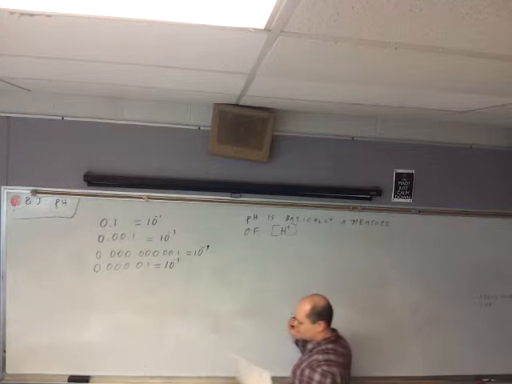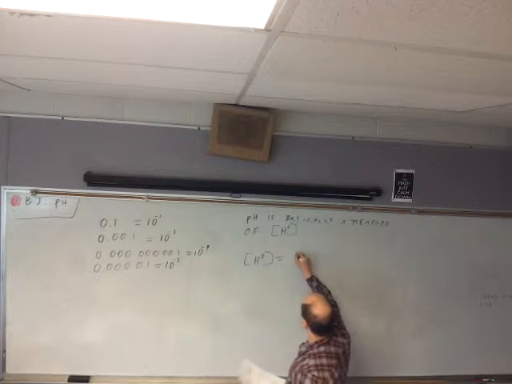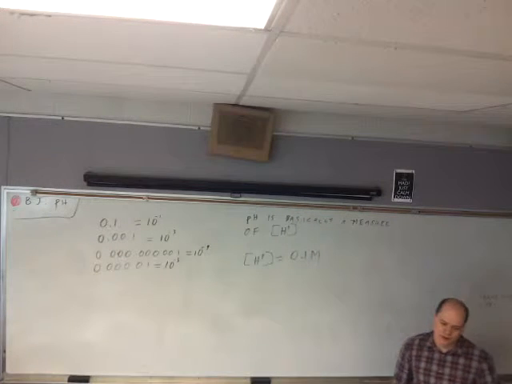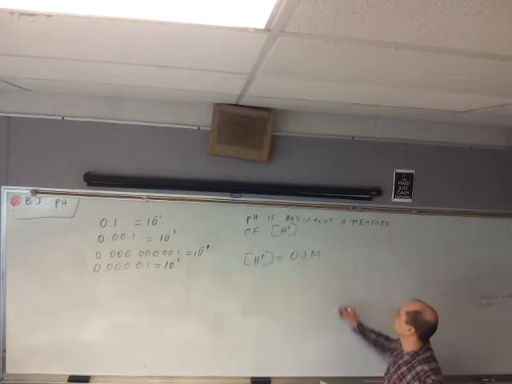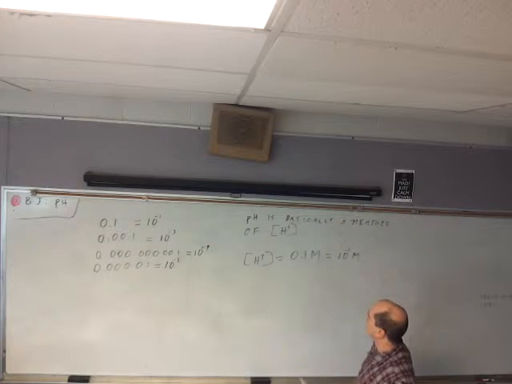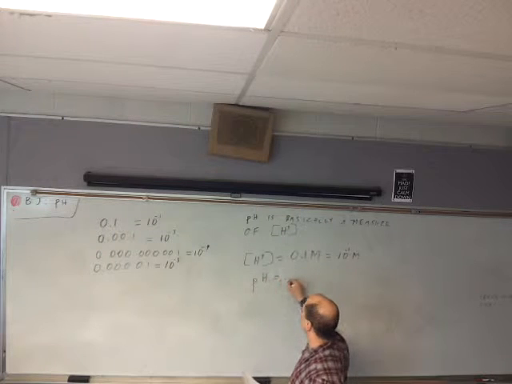So if, for example, I told you that the H+ concentration was 0.1 molar, right? And we can rewrite this as 10 to the minus 1 molar. Then the pH would be 1.